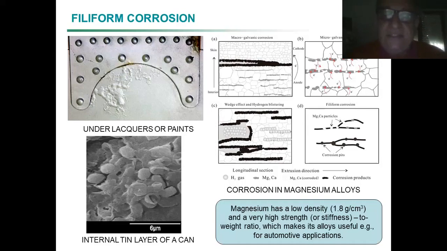It suffers hydrogen blistering, locally forming blisters, which is called the wedge effect.